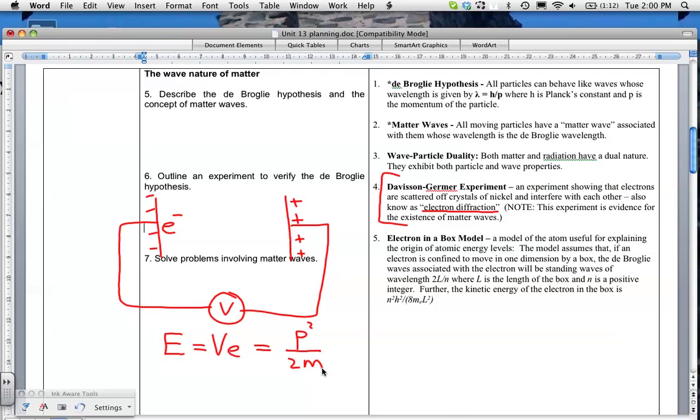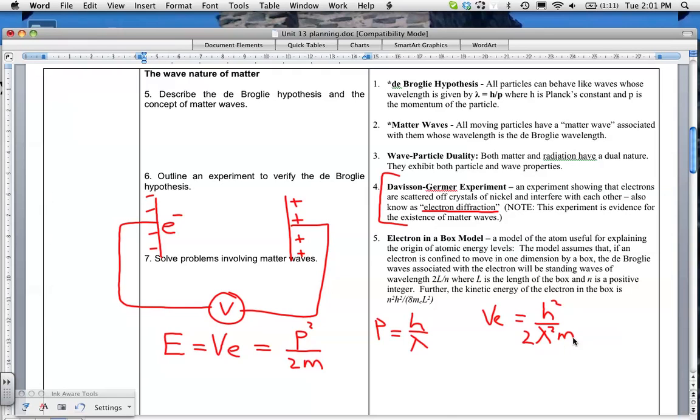But we also know that p, according to de Broglie's hypothesis, is equal to h over lambda. So if I put that into this equation, I'm going to get VE is equal to h squared over lambda squared, and we're still going to have a 2 and an m there.